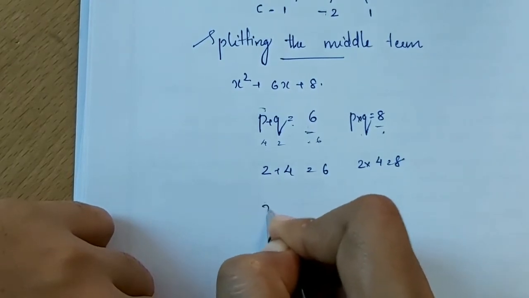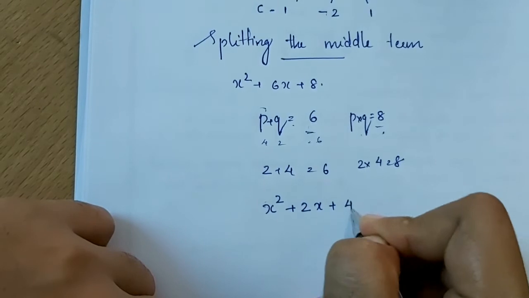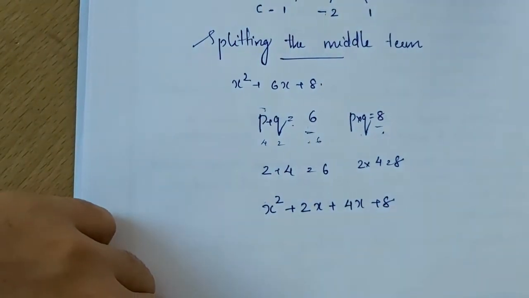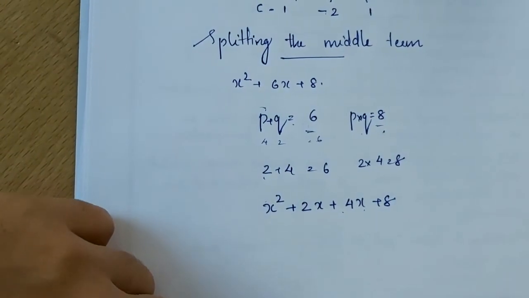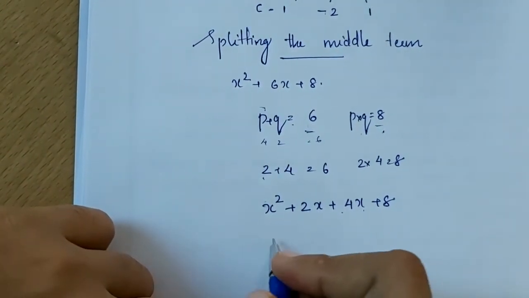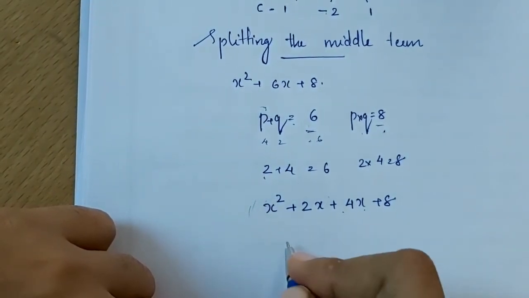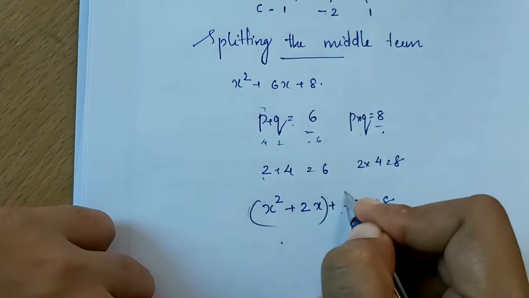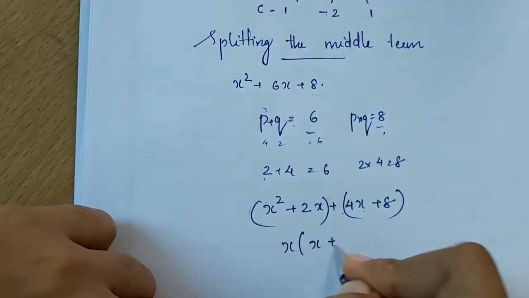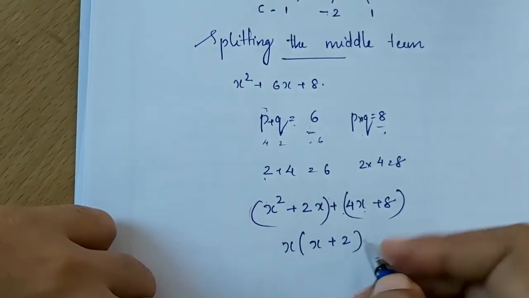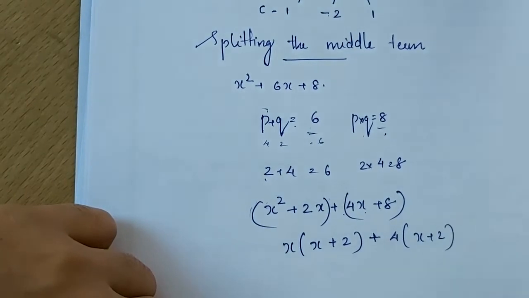So we are splitting the term: x square plus 2x plus 4x plus 8. Okay, then take common from the first two terms, that is grouping: x into x plus 2, that means x square plus 2x. Here the common value is 4, so 4 into x plus 2.